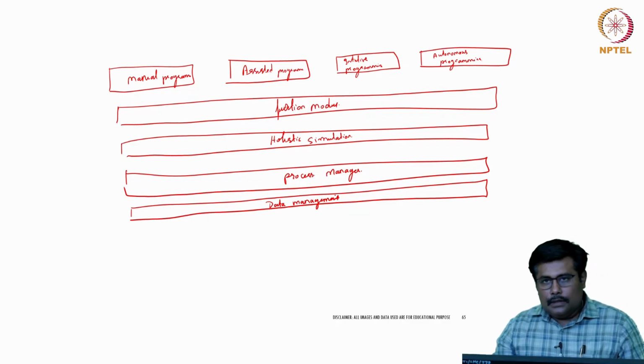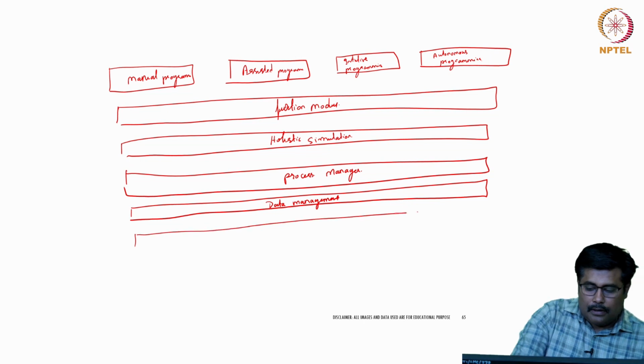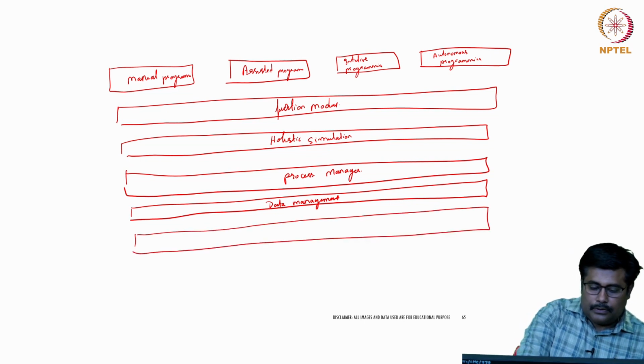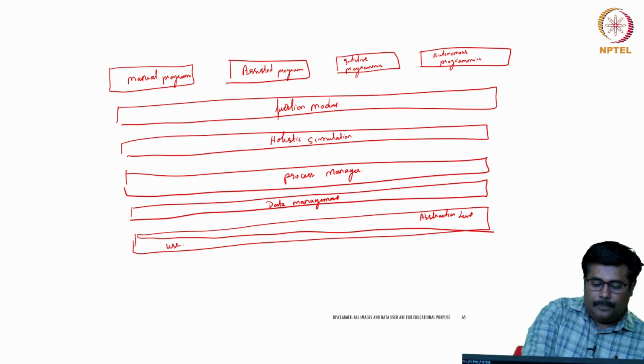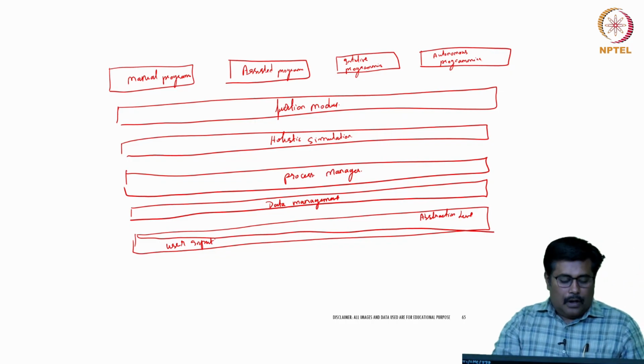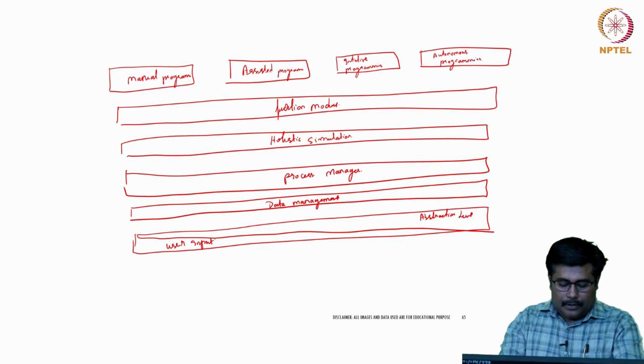In this particular aspect, we have two different inputs which we need to take into consideration. One is the abstraction level and the other one is the user input.